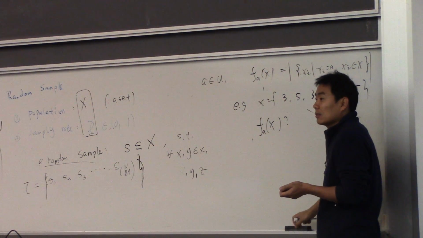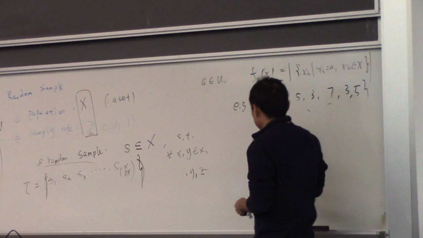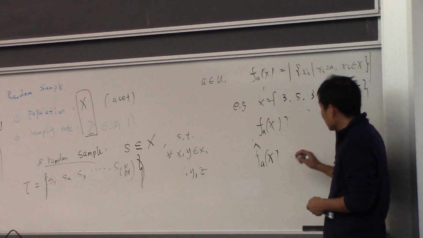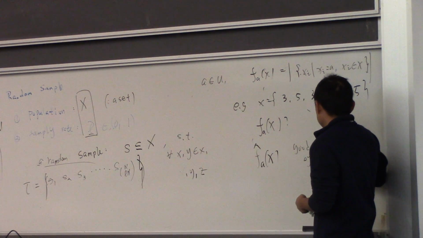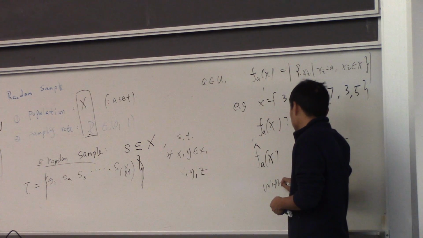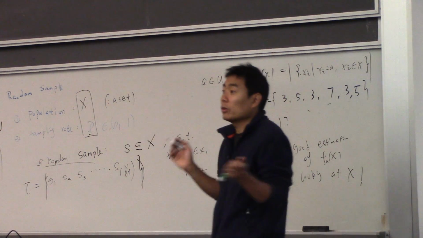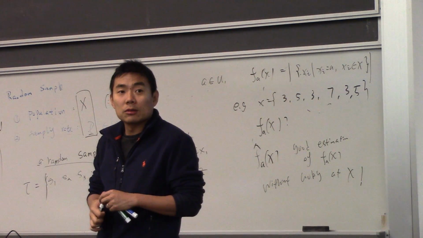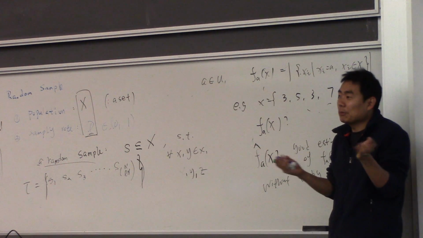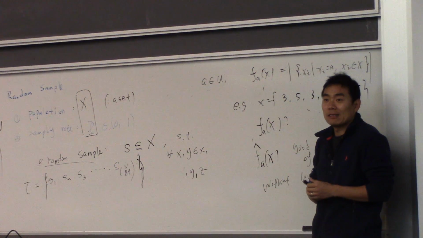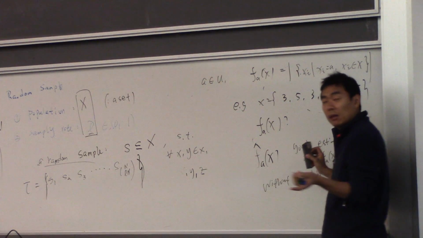So instead of scanning this linearly, can we build an estimator that is a good estimation of f_a(X) without looking at X anymore? That's a challenge. Without looking at 300 million people in the US, I can still estimate the average GPA of all US citizens. How do you do that?